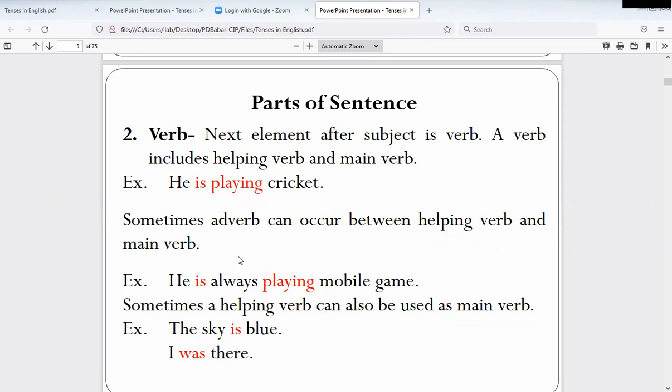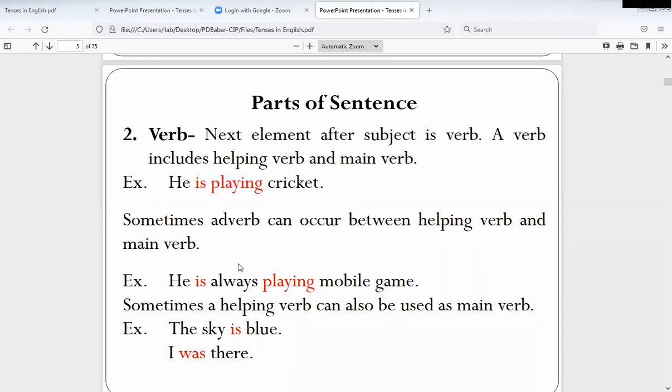So he is always playing mobile games. Is playing is the verb and always comes in between them. Is is the auxiliary verb and playing is the main verb.